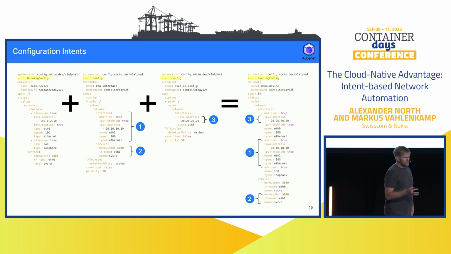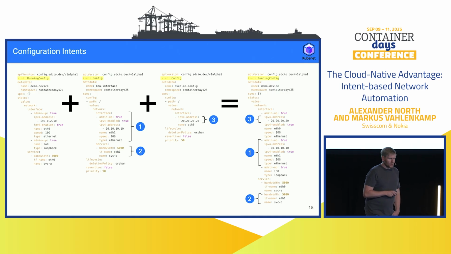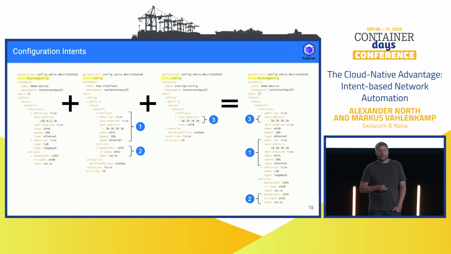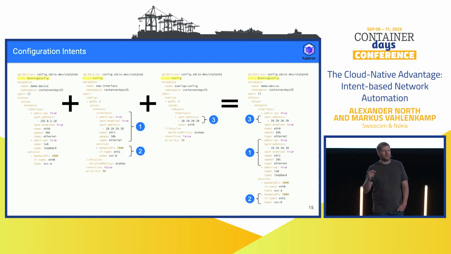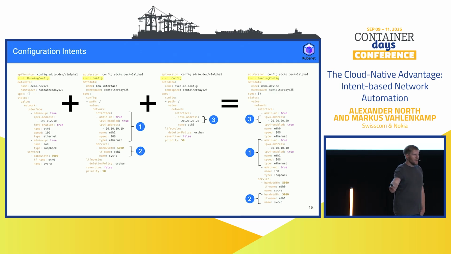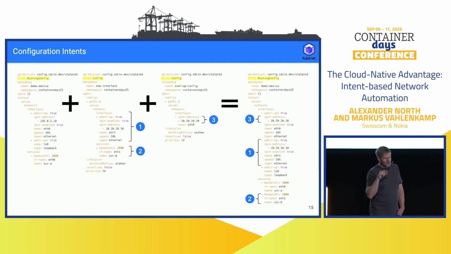Then there is some other flag, which is called revertive. The revertive flag is a flag that tells SDC if you see any changes that someone might have done manually to the device, and it's changing a value that is defined in this intent, please go and revert it straight away.